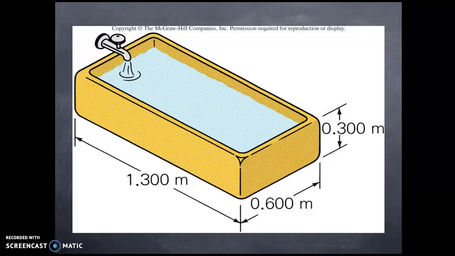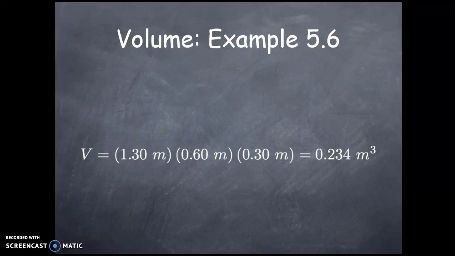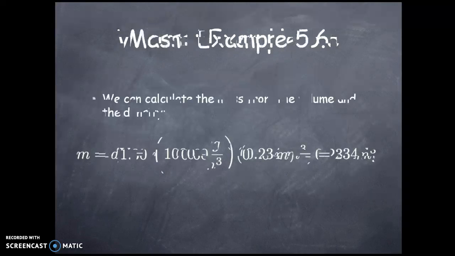So you find the volume of the tub by multiplying length times width times height. That's going to give you 0.234 meter cube.